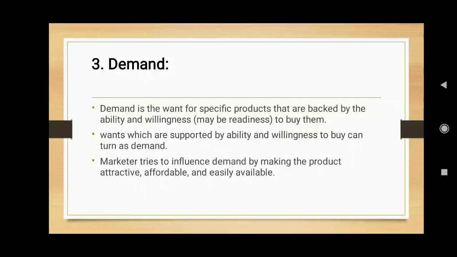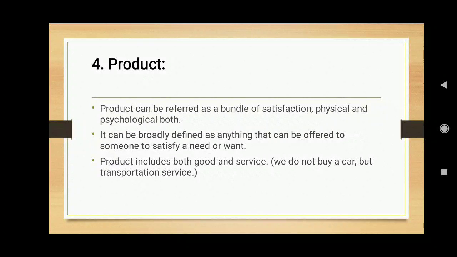So a marketer must always try to manufacture products which are attractive, at the same time affordable, and easily available everywhere. And the next core concept of marketing is the product itself. A product can be defined as a bundle of satisfaction, physical and psychological, right?